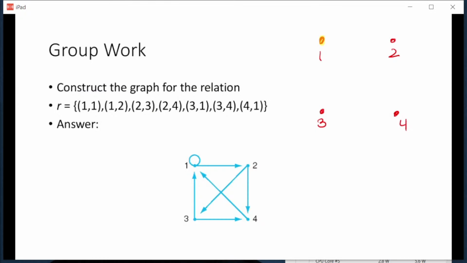Are the arrows required? What do you mean by required? Like, to show this relation goes from here to there, like 1 to 1. Well, yeah, certainly this is not symmetric, in the sense that 1 is related to 2, but 2 is not related to 1. In fact, it's anti-symmetric.